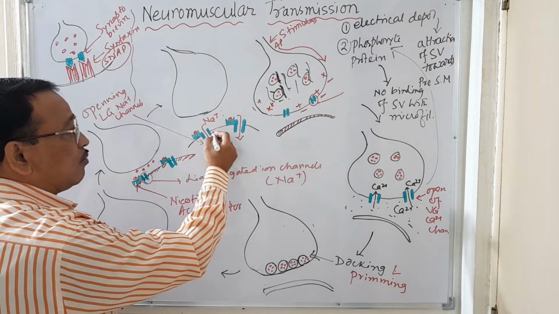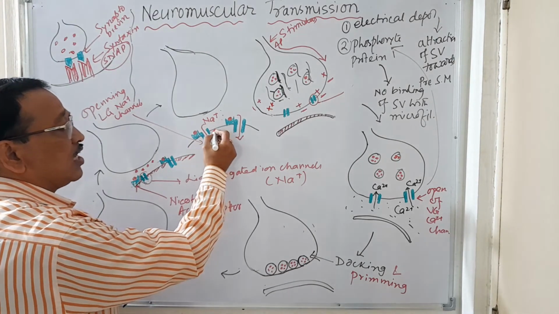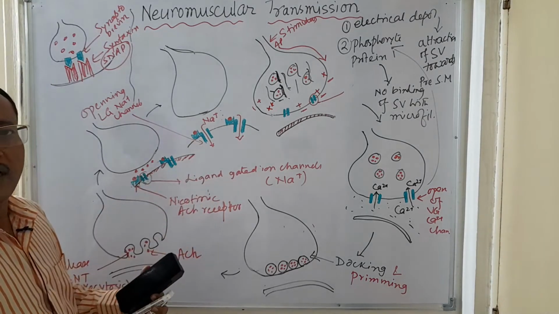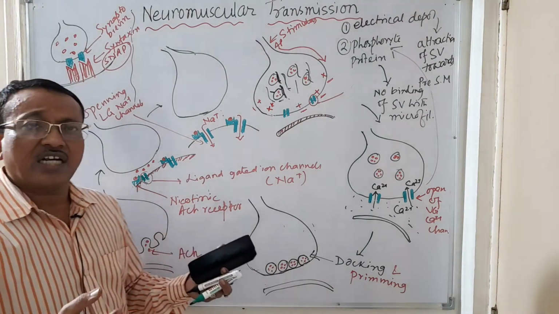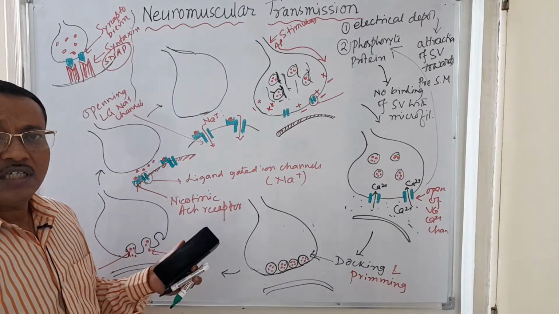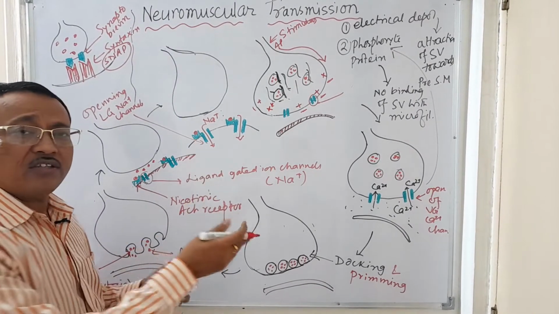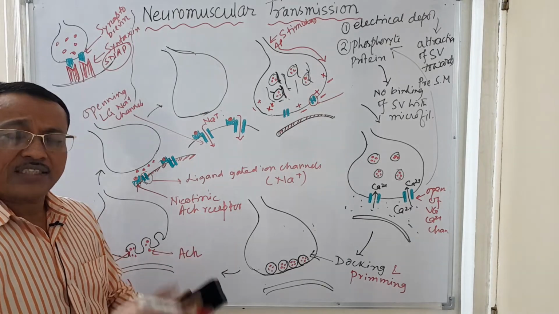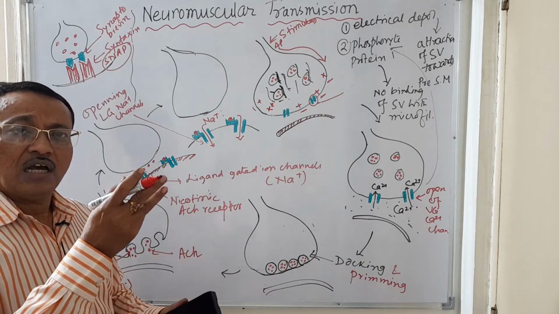The membrane potential of the sarcolemma, or muscle membrane, changes. Normally, in the resting condition, it is minus 90 millivolt. Now sodium ions are coming in.